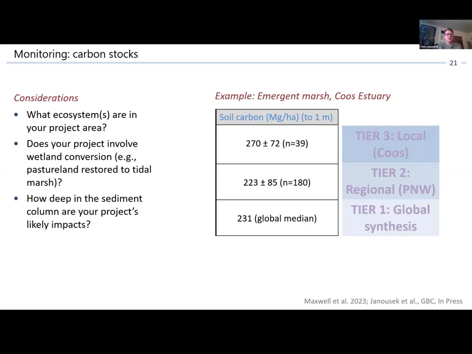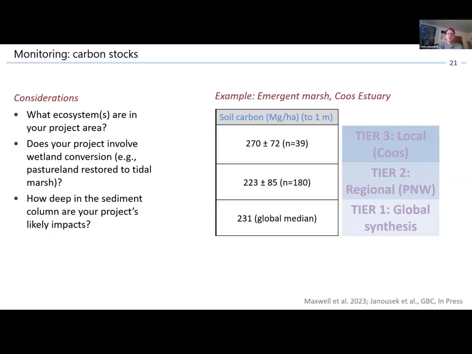So how do you monitor carbon stocks? Considerations for that are asking, what ecosystems are in your project area? Are you working mainly in marsh? Are you working in tide flats and seagrass meadows? Does your project involve wetland conversion? So are you restoring, let's say, a former tidal wetland, such as pasture land, into a tidal marsh or into a tidal swamp? You're going to need values for those particular types of ecosystems.